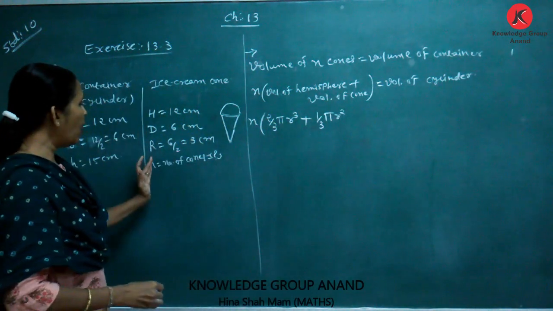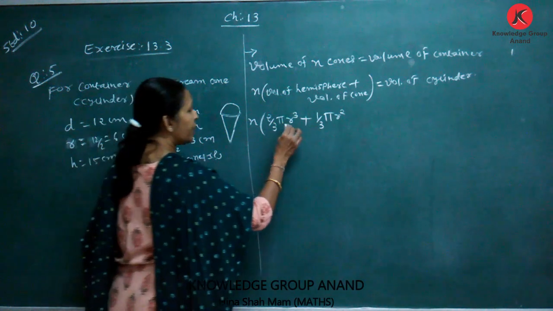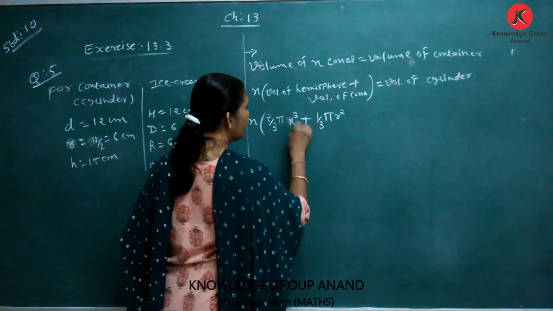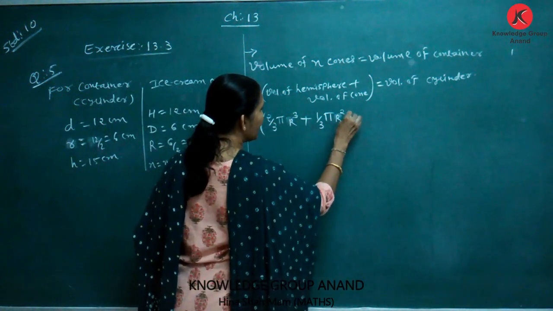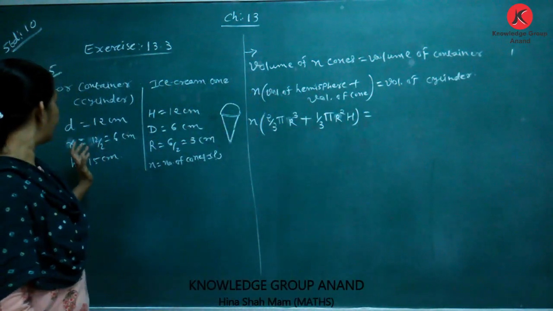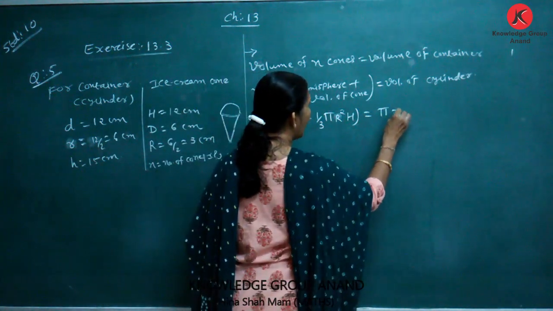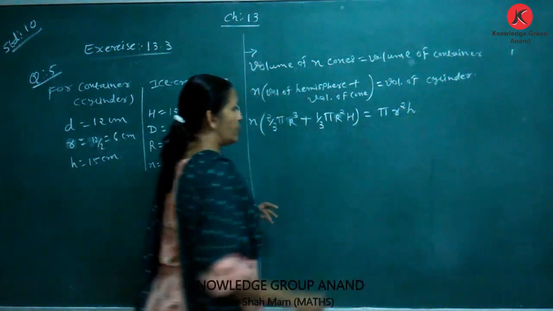Here for cone all letters are capital. Then we write n times (2/3 pi r cube plus 1/3 pi r square H) equals the volume of the cylinder, which is pi r square h.